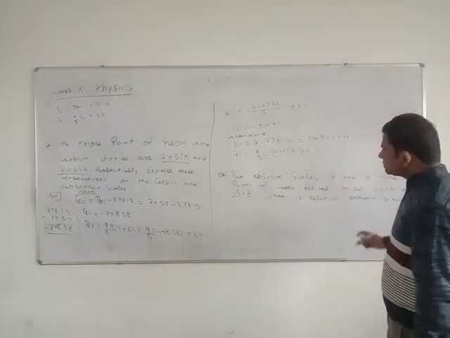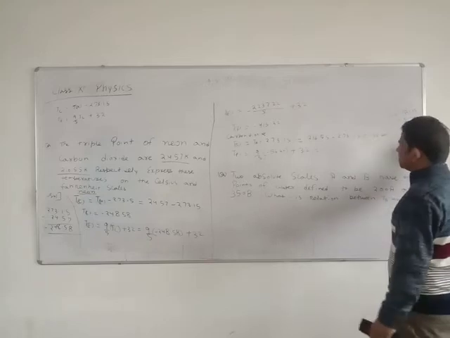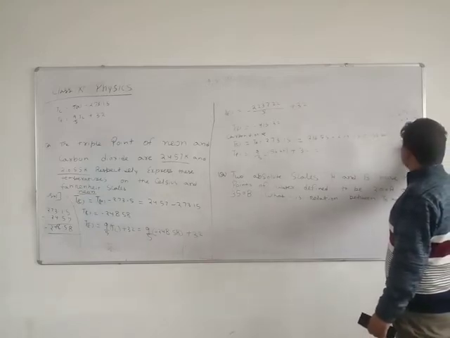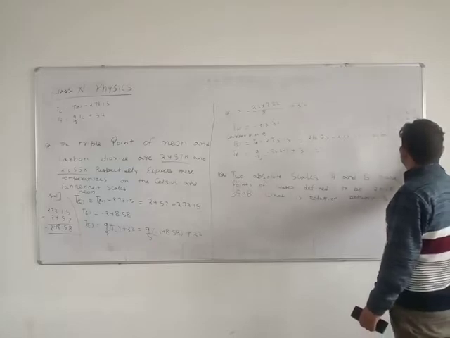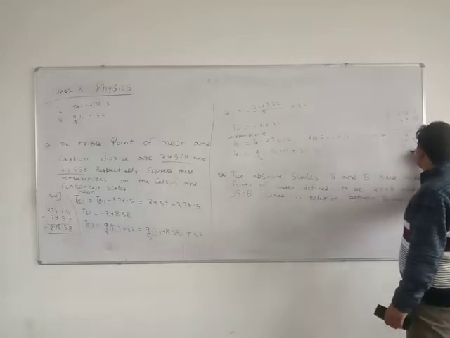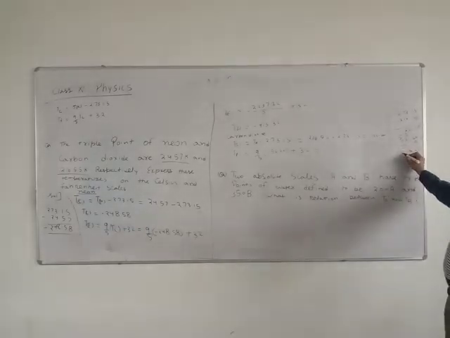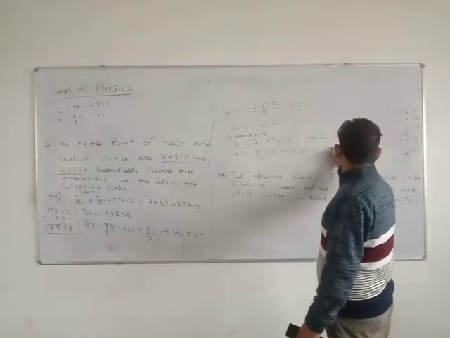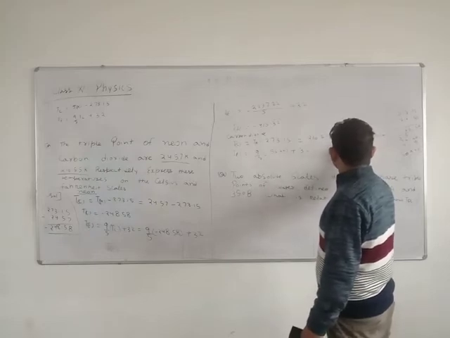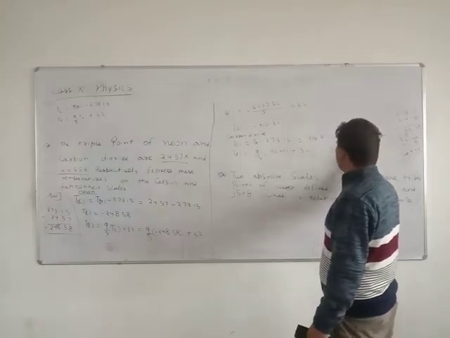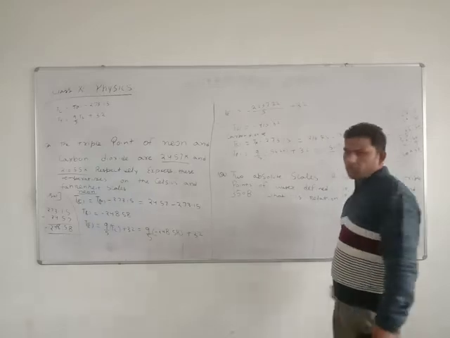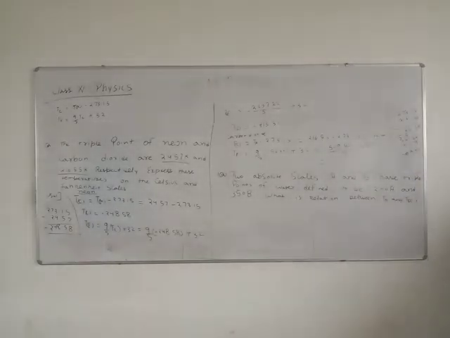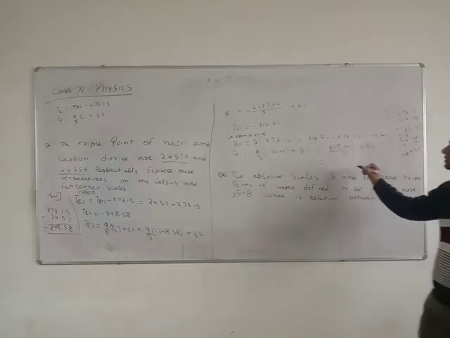We multiply 56.60 into 9, which gives 509.40, upon 5, plus 32. Solving this, the answer we get is minus 69.8 in Fahrenheit.